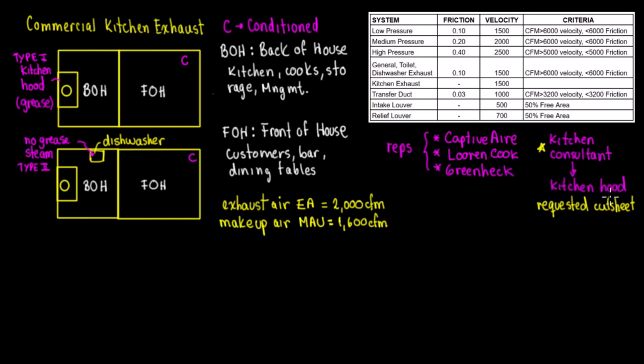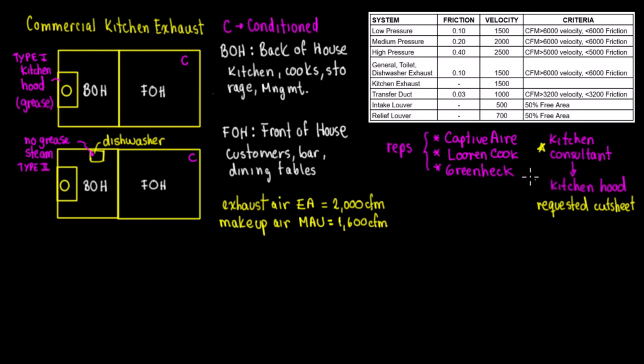In the cut sheet, it will already provide the CFM that it requires to exhaust. I'm pretty sure it's going to be Captive Air, Lauren Cook. There's also Accurex; there are different types of manufacturers. But you want to know the exhaust CFM, the kitchen hood information. Based on that, this is a rule of thumb, a preliminary calculation, and then you do the makeup unit.